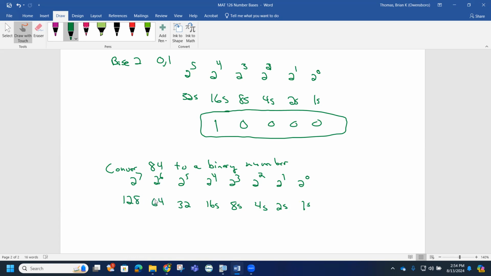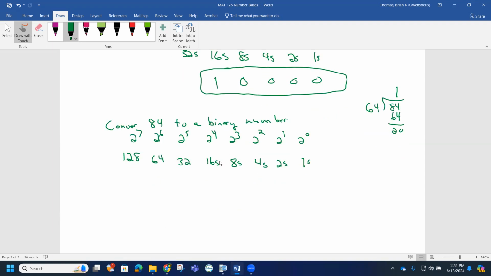So the question is how many 64s can I get into 84? You have to actually use a little bit of division here. 64 goes into 84 one time, and 84 minus 64 would be 20. So right now I can pull a 64 out by putting a 1 here.